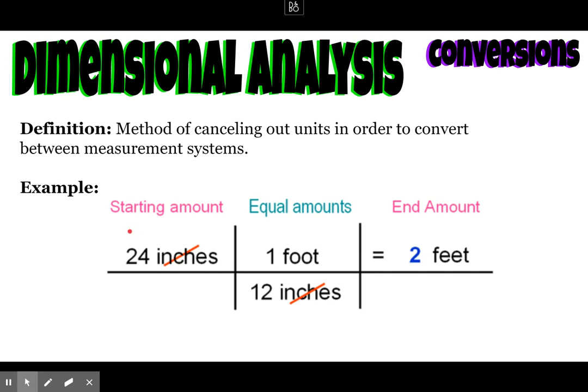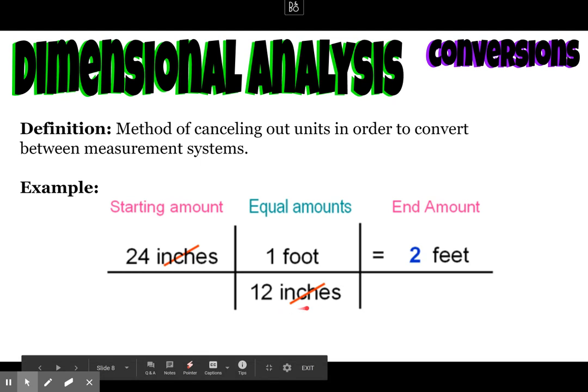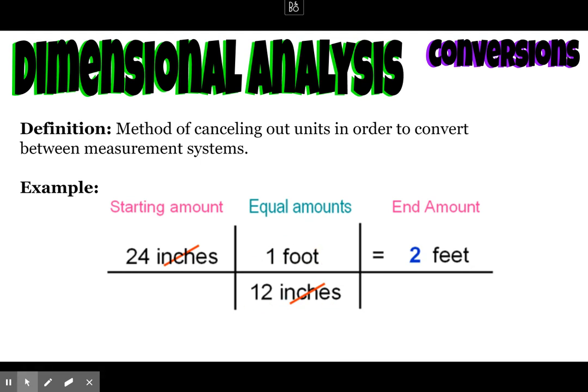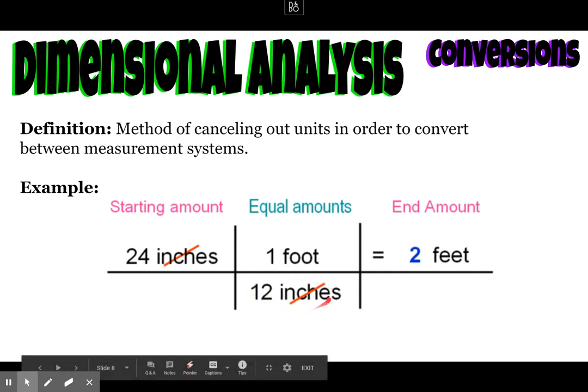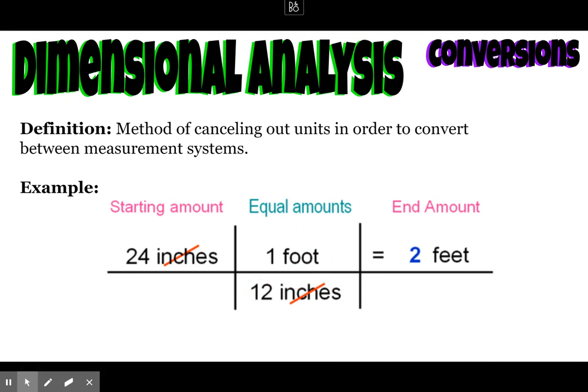So we started with 24 inches, and then we know there are 12 inches in 1 foot. So in this process here, we were able to take how many inches we were given. We're going to use it here to convert our inches to our foot. And then we figure out here, we end up with 2 feet.